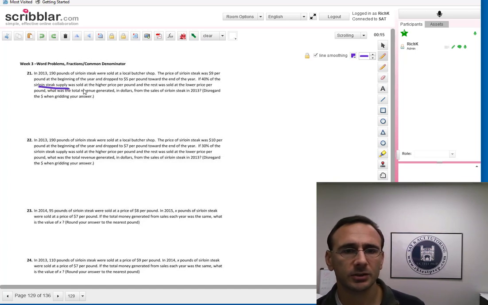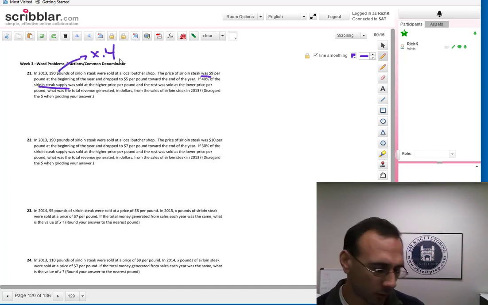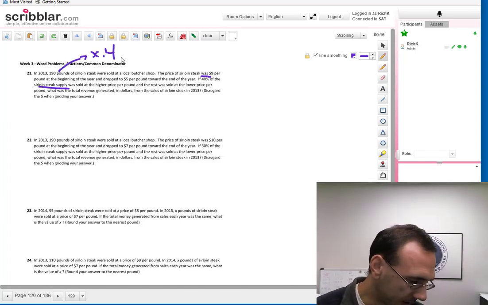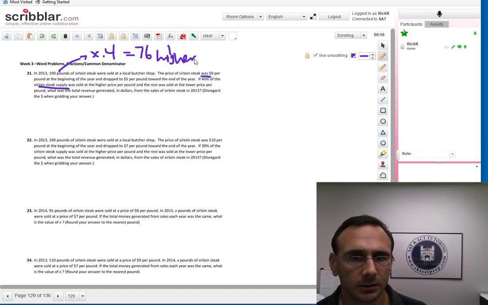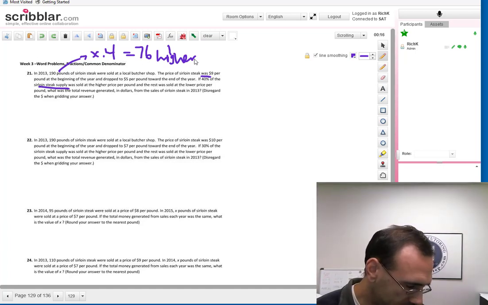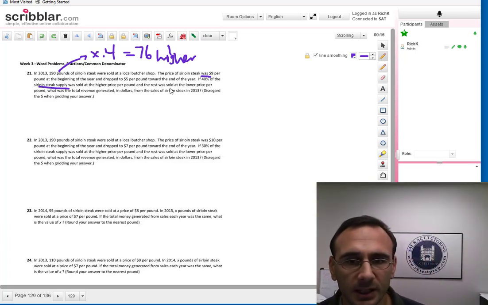So 40% of the sirloin was sold at the higher price. So if there's 190, we times that by 0.4, and we get 76 pounds sold at the higher price. And we can do 190 minus 76 to get 114. That's the rest at the lower price.